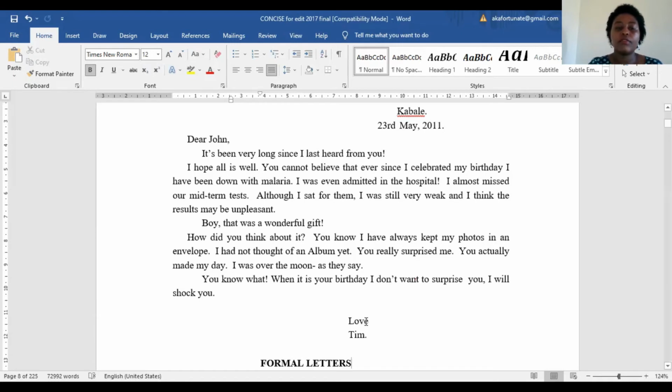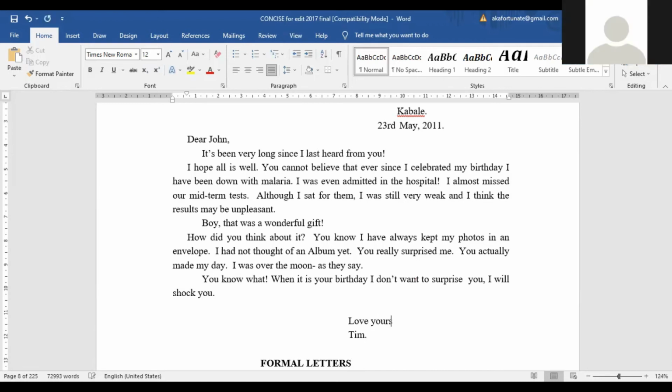So when you finish a friendly letter and it is your father, instead of love, Tim, or take care, you can say yours, or your daughter, or yours sincerely, then you put your name. So that is the structure of a friendly letter.